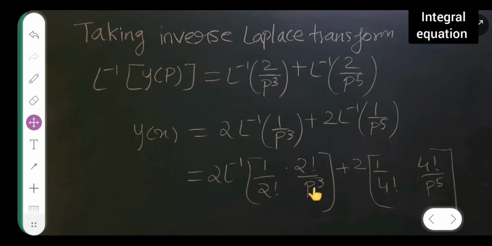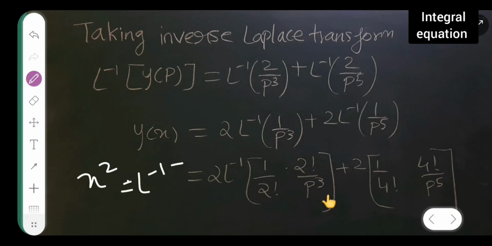2 factorial upon p raised to power of 3 is nothing but x^2, no? So it will be x^2, because Laplace inverse of what is it? 2 upon p raised to power of n plus 1.